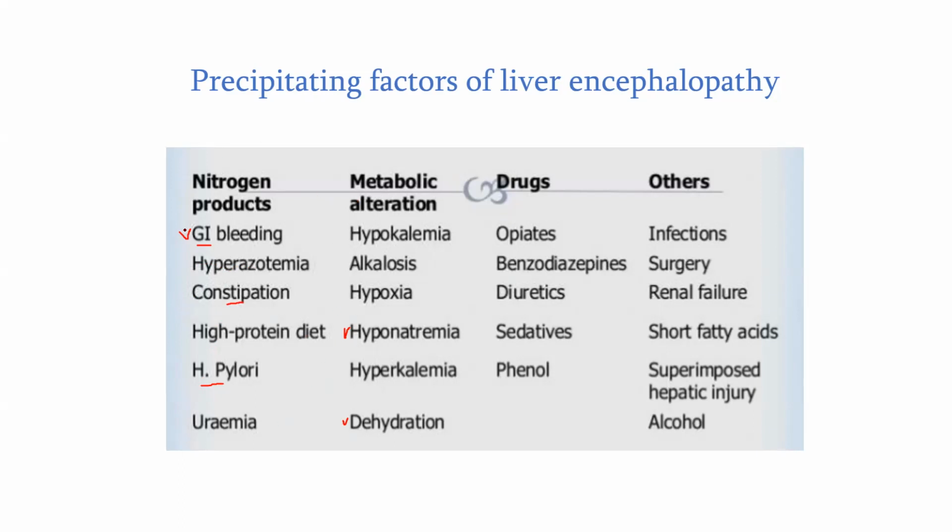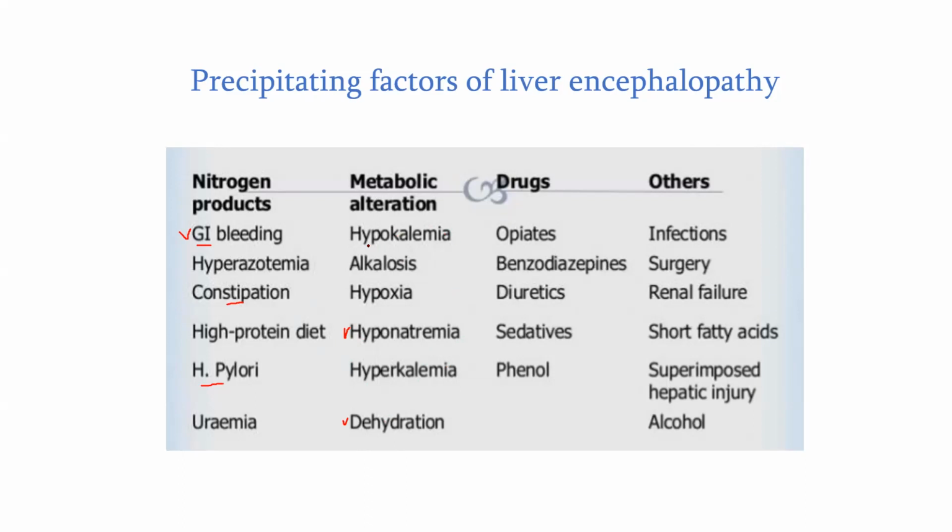This is the group of nitrogen-related precipitating factors. The second group includes all metabolic alterations, alterations in electrolytes, in the volume of blood, and in acid-base balance. So let's say that every disturbance in electrolyte level, it may be hypokalemia or hyperkalemia, hyponatremia or vice versa, may provoke encephalopathy.